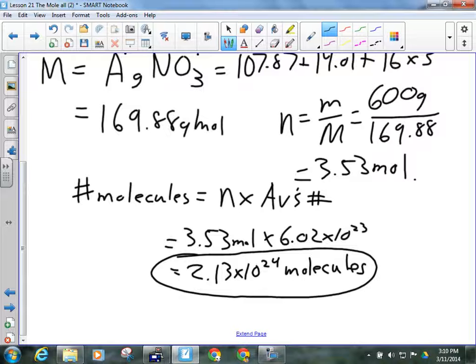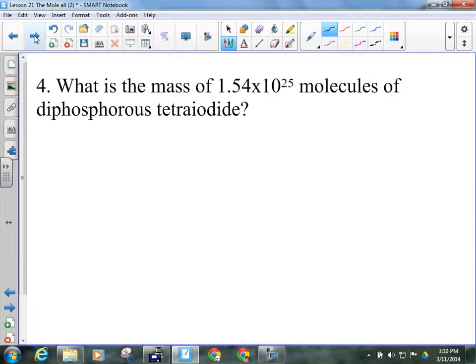Last example, or last type that you might run into. In this last type, they give you the number of molecules and they ask you to find the mass of it. So in this case they say you've got 1.54 times 10 to the 25 molecules of diphosphorus tetraiodide, and they want to know what's the mass of that.